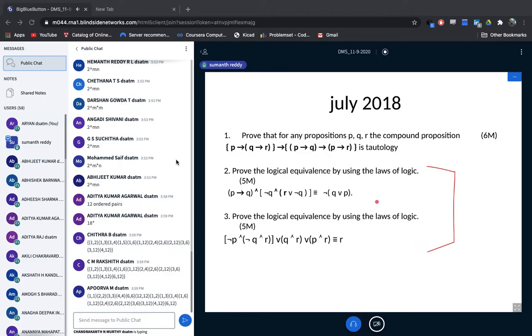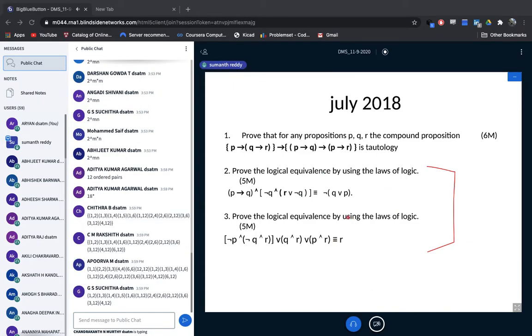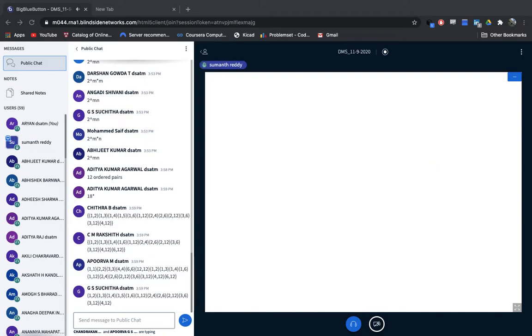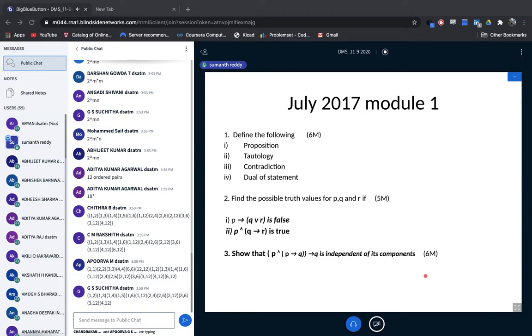Just by using the laws of logic, you need to prove LHS is equal to RHS. As I have told you, I have solved only a few problems on the laws of logic. Still, I need to solve more problems. Once I explain this, later you can attempt. Even if you cannot solve it, no issues, because we have not practiced more problems on that yet.